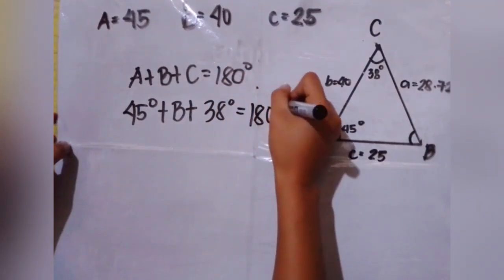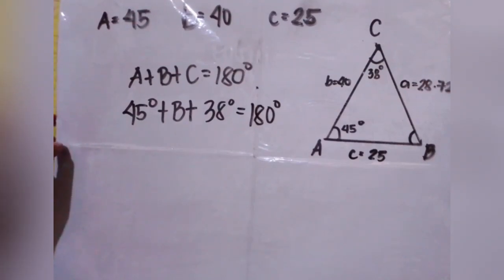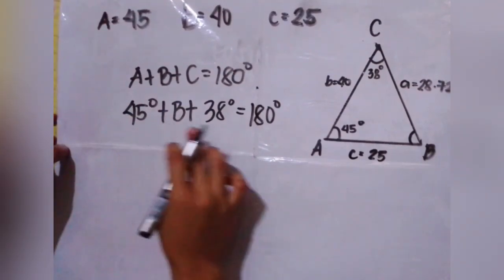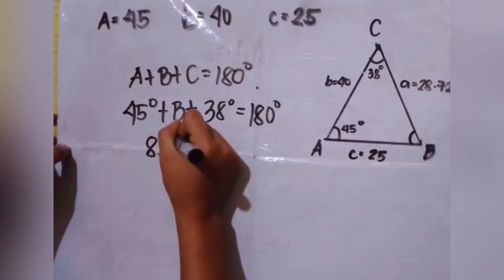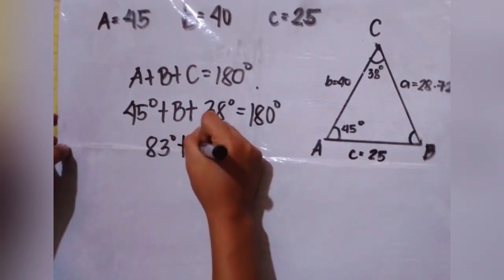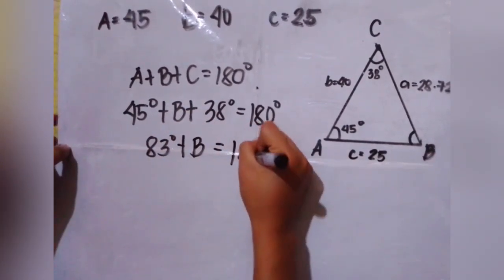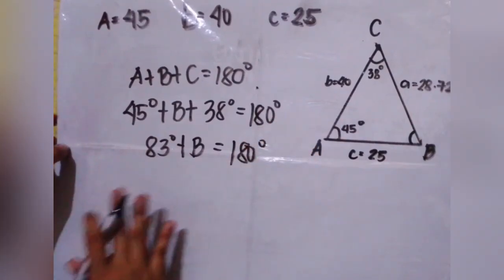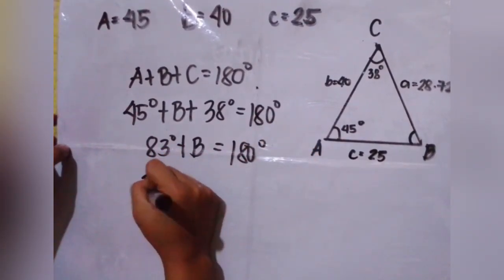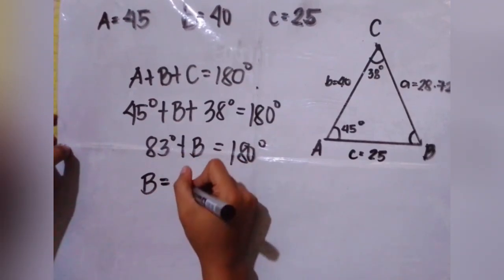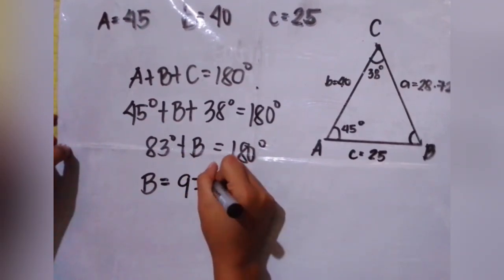Then add the angle A and the angle C. 45 degrees plus 38 degrees is 83 degrees, plus B is equal to 180 degrees. Then, we subtract 83 from both sides. Therefore, our angle B is equal to 97 degrees.